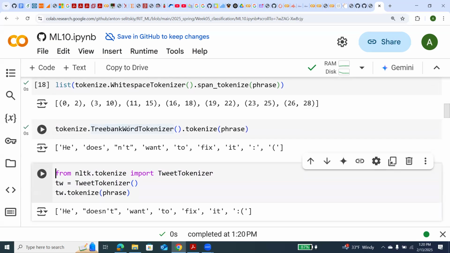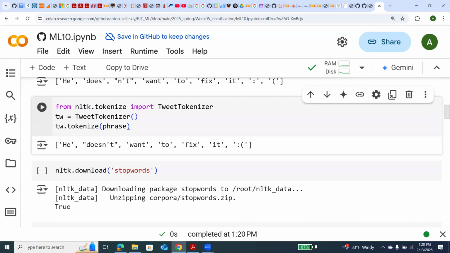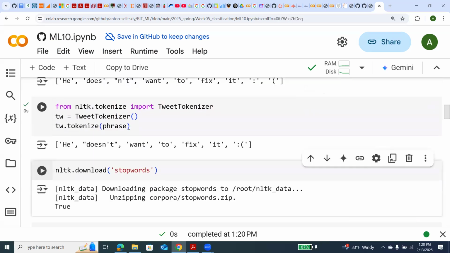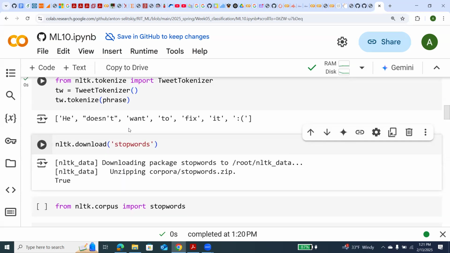So let's see. Yeah, let's use tweet tokenizer. Tweet tokenizer won't split emoticons, for example. And as you can imagine, emoticons are important features for the sentiment of the text.